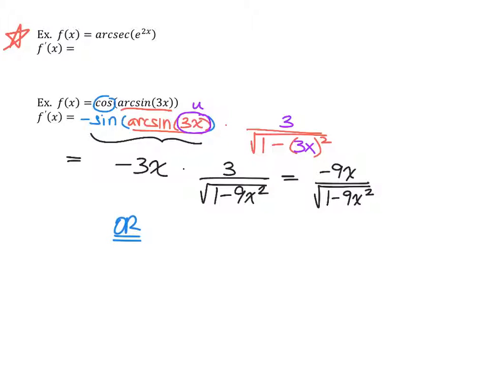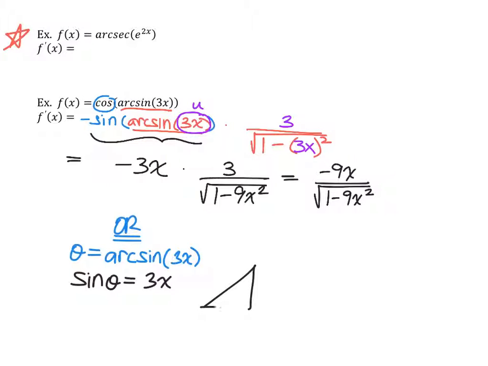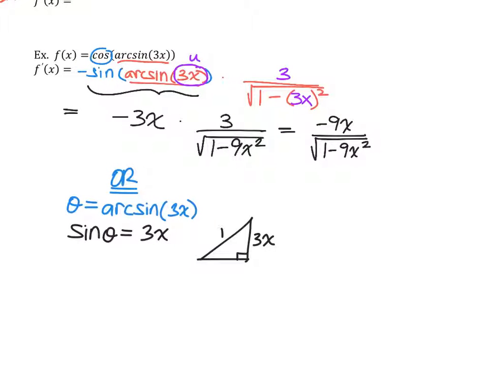The other approach is to say we have theta equal to the arc sine of 3x, which is the same as saying that the sine of theta is equal to 3x. Sine is opposite over hypotenuse. So 3x over 1. Now, I'm going to cheat a little bit here.